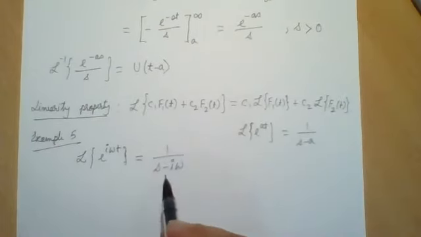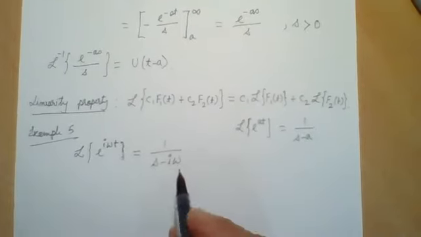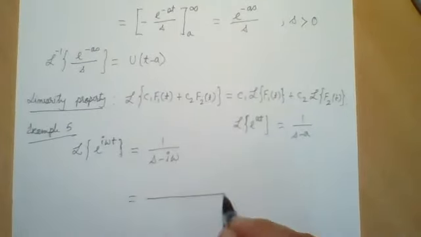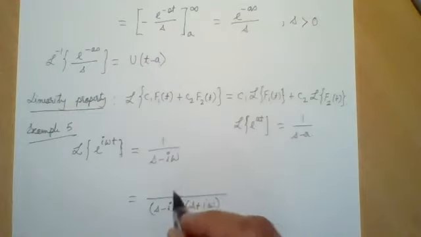Now this is a complex number in the denominator. So we multiply both the denominator and the numerator by its complex conjugate. So what do I get? I get s minus I omega multiplied by s plus I omega, and in the numerator I have s plus I omega.